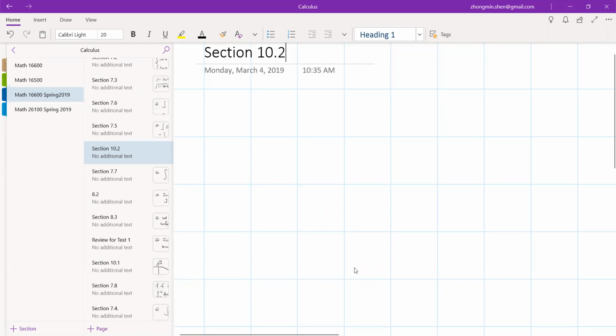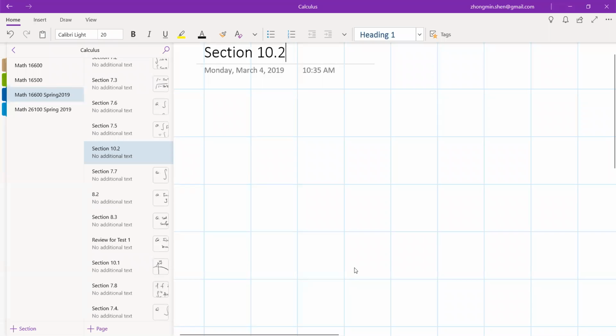We can use that to find tangent lines, the area, the length of a curve, and also the surface area of some surfaces. So this is section 10.2.